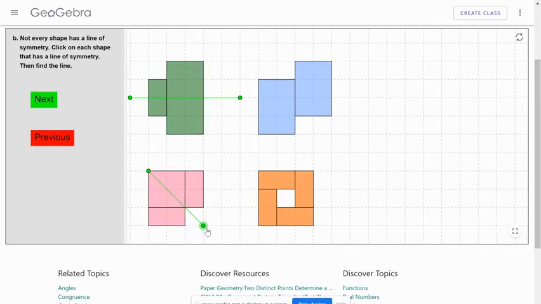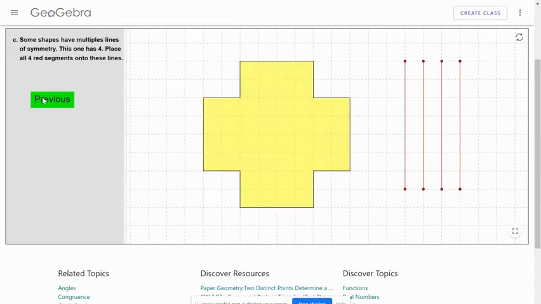Yes. The other ones do not have line symmetry. There's nowhere where you can draw a line. If I try clicking on that, it says nope. If I try clicking on this, it says no. But these two do have line symmetry. And this one has many, like this.